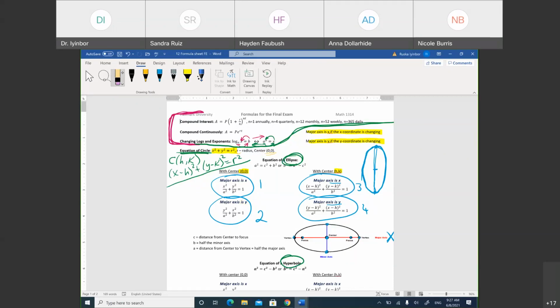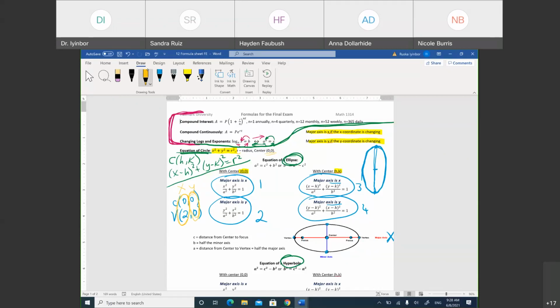So for example, if I have given center 0, 0, and let's say you have a vertex at 2 and 0. Which one is changing, x or y? The first number is x. The second number is always y. Is the x change or the y change?